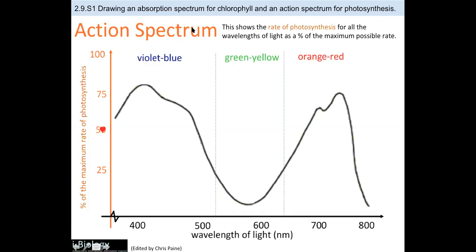So these two terms, the action spectrum, let's draw, okay, orange. The action spectrum is showing us how well different colors of light, different wavelengths of light, can produce carbohydrates.